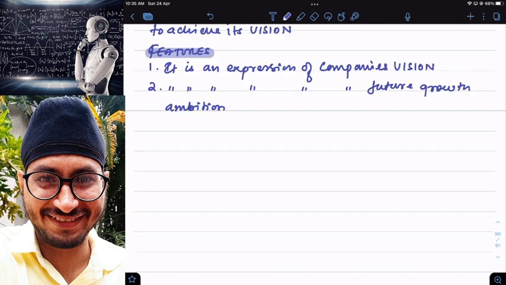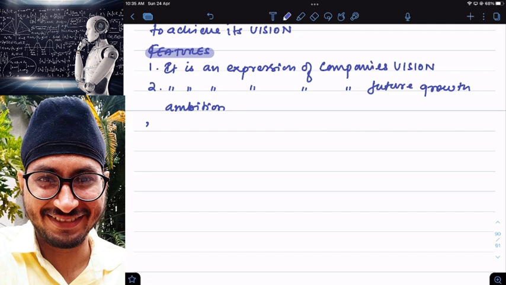So till now we have discussed two features of mission. Feature number one, it is an expression of company's vision, and it is also an expression of the future of a company. If I want to have a better future, I need to plan for my mission.